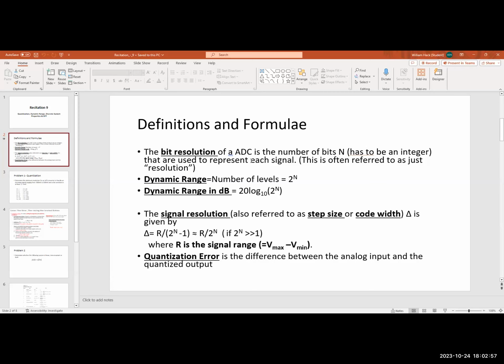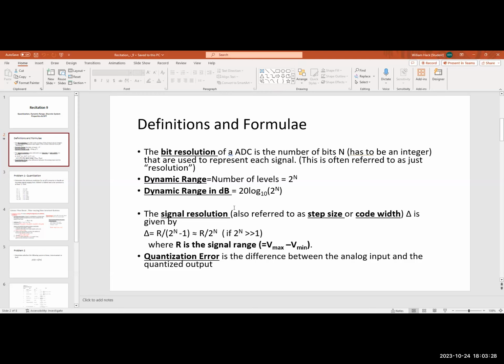The signal resolution, which you can also refer to as step size, is defined as delta, and it's given by the equation below, delta equal to r over 2 to the power of n minus 1, which for many systems, in general, if your 2 to the power of n is considerably larger than 1, you can just approximate it down to r over 2 to the power of n.